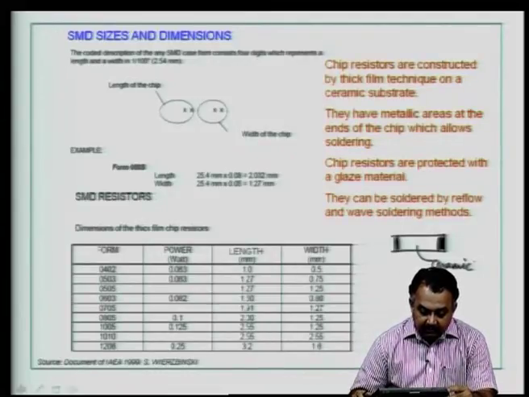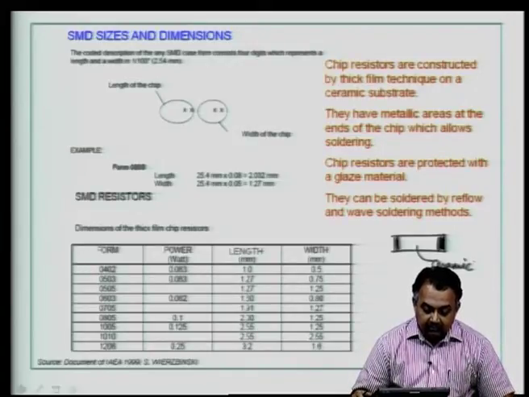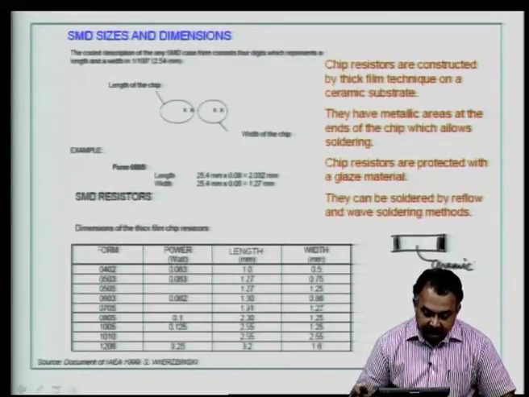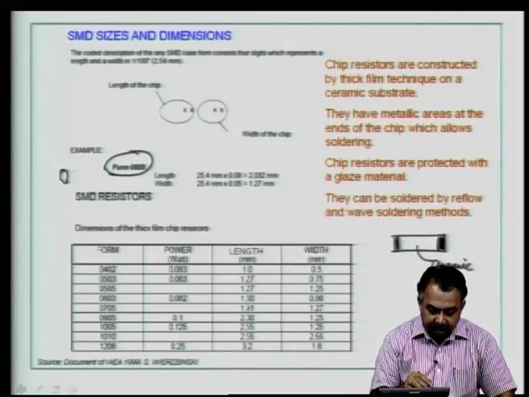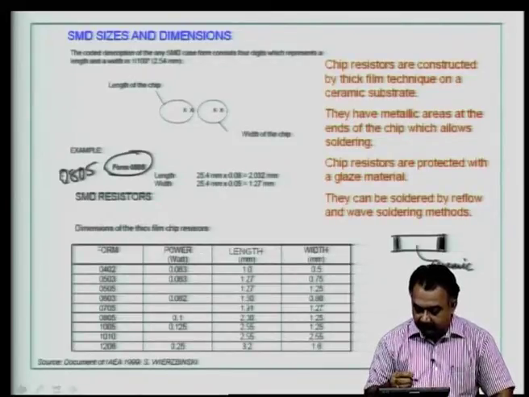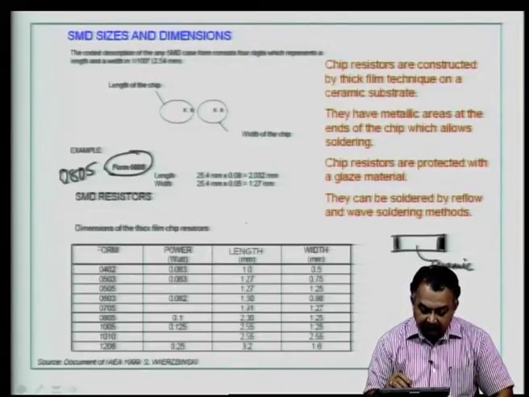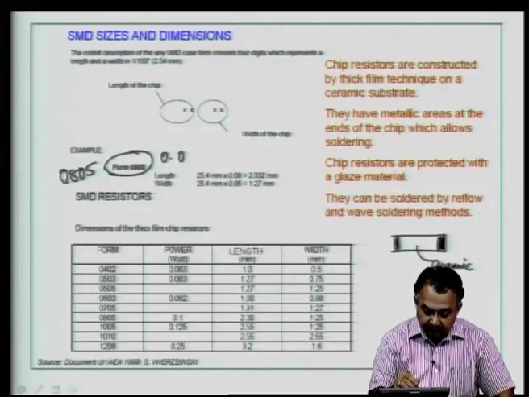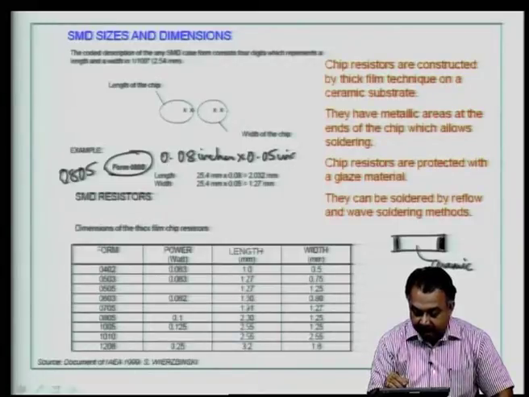Now, you should know about the terminologies used in packaging or electronics about SMD dimensions, how they are denoted. For example, if you look at a number like 0805, that means your chip component will have the dimensions of 0.08 inches by 0.05 inches.